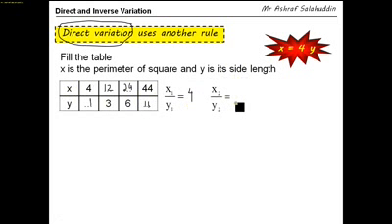What about x2 over y2? Yes, it's 12 over 3, which is 4. What about x3 over y3? Yes, 24 over 6, which is 4. And finally, 44 over 11, which is 4. Remember that this 4 is the constant of variation.